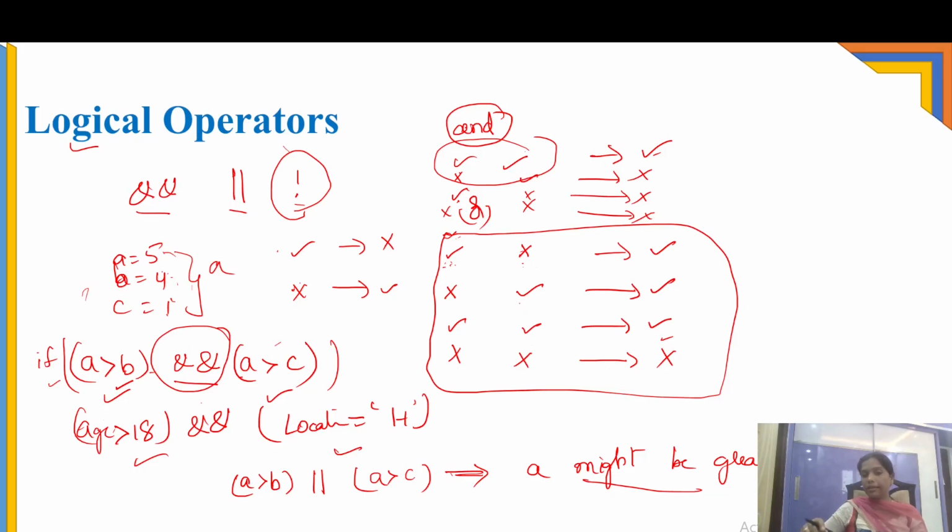If A is greater than B or A is greater than C, A might be greatest. In that particular situation, you can use OR. If any one of the conditions must be true or can be true, then you can use logical OR. And logical NOT: NOT of A greater than B means if A is less than B, then only we will enter into the condition. Okay, this is about logical operators.